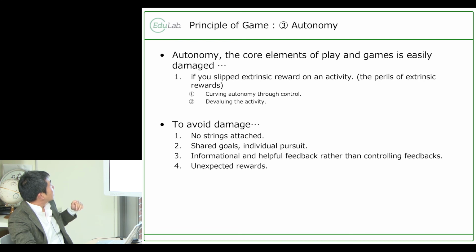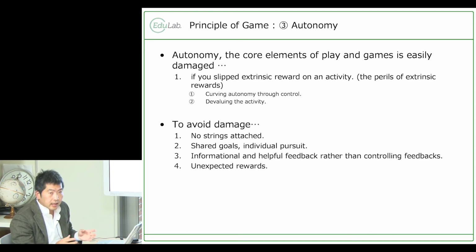A little tip on how to avoid this damage: one, try not to attach strings as an extrinsic reward. Or even if you have an extrinsic reward with strings attached, disguise it very carefully so that people do not think it's an extrinsic reward.